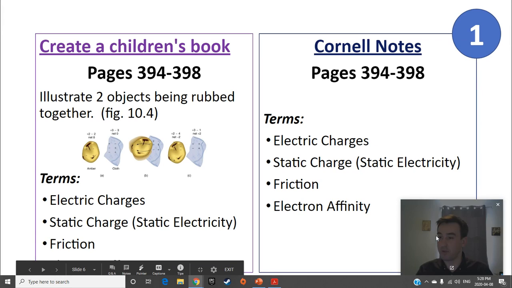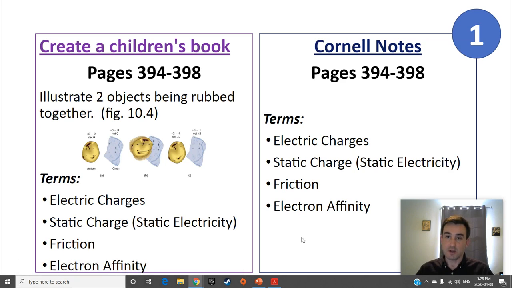Now, this is an example of how I've assigned it. So the very first page of your children's notebook should look like this. It's covering the information on page 394 to 398. You have to draw a picture of two objects rubbing together. You can do the one from the textbook, figure 10.4, amber and wool, or the one we did in class is a rubber balloon, latex balloon rubbing on somebody's hair.